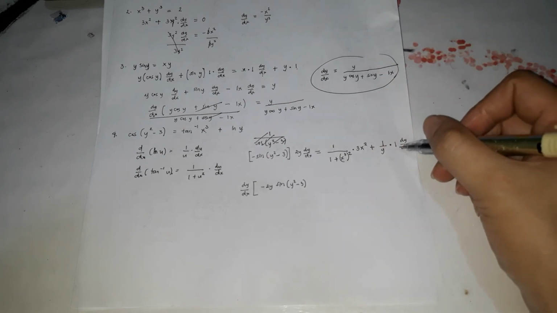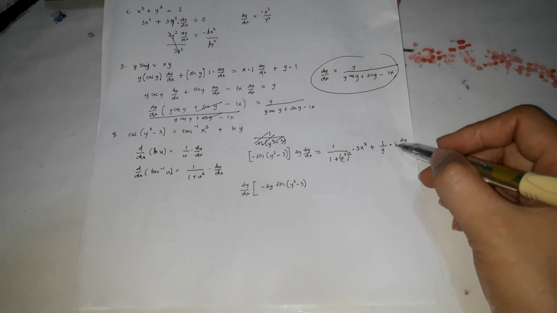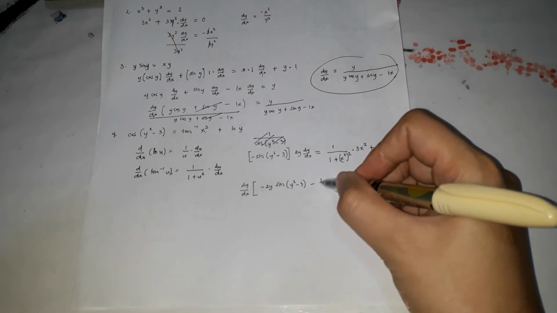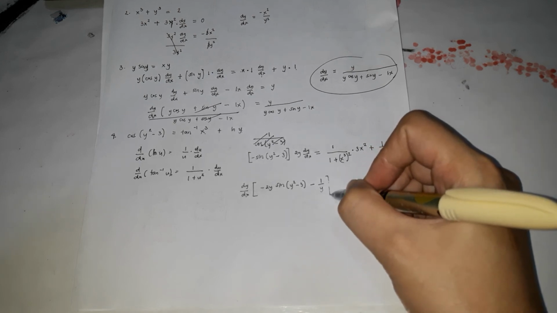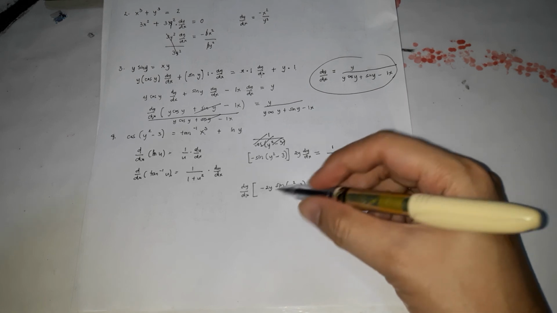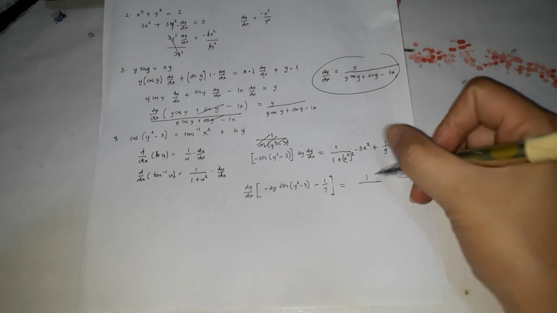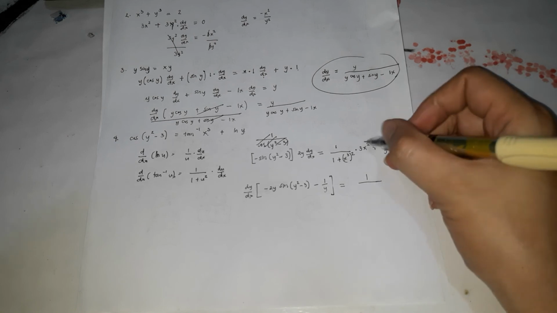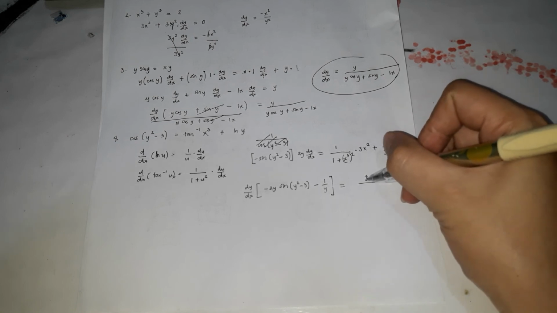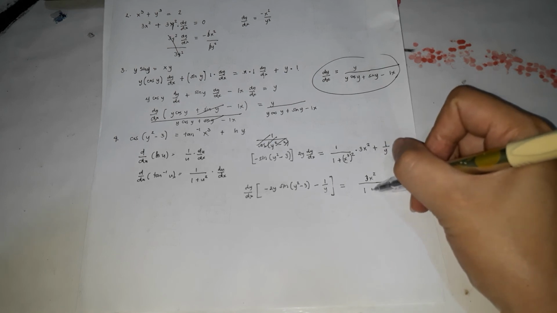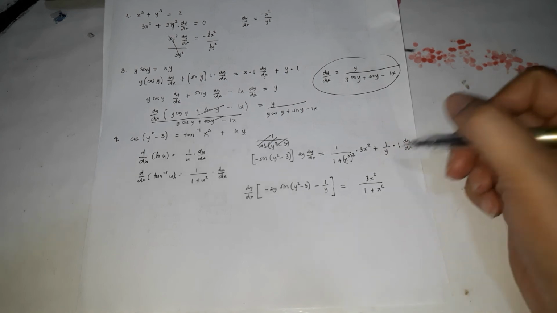Tapos ilipat mo ito, kung ilipat mo siya, magiging negative. So negative 1 over y. Ilabas na natin dy over dx is equal to 1 times 3x squared, that's 3x squared over 1 plus x to the power of 6.